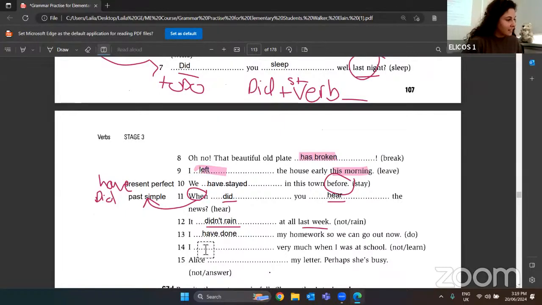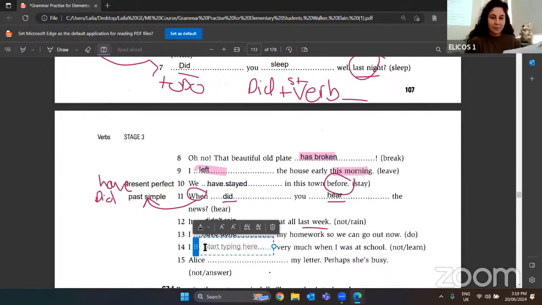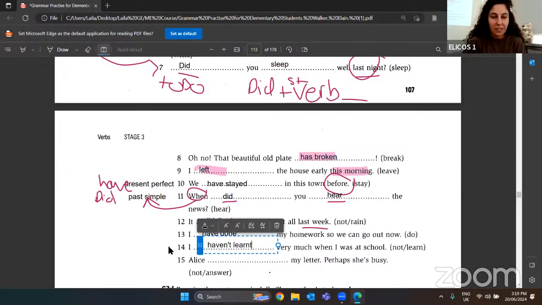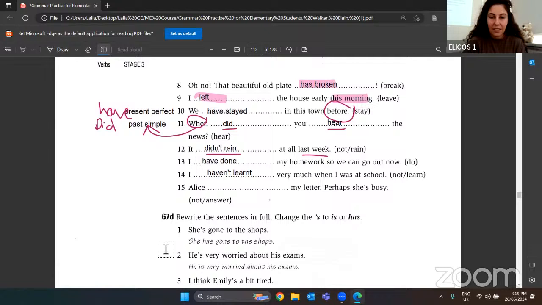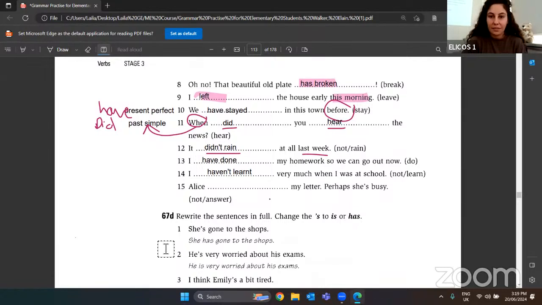Number 14. We need a negative, so I haven't learned.